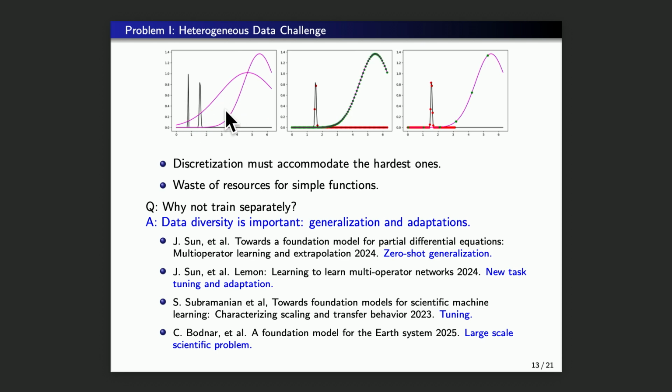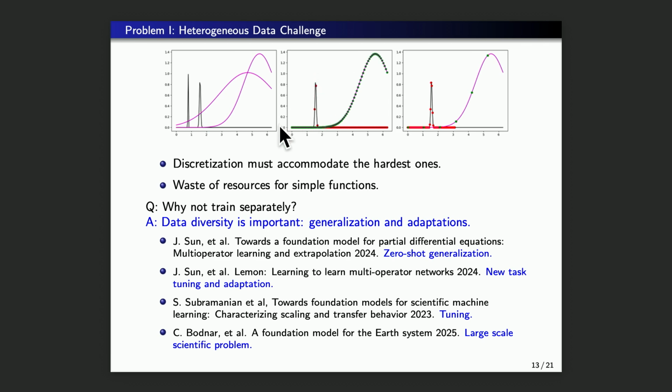So you can see we have four functions, and two of them are very smooth, and two of them have a peak, which is not that continuous. If we want to use a single neural network structure to handle all the functions here, what is the challenge? That basically means we need to accommodate the function with the worst property, particularly this one. So if these functions are our input functions, we need to consider a very dense discretization in order to capture this particular signal.